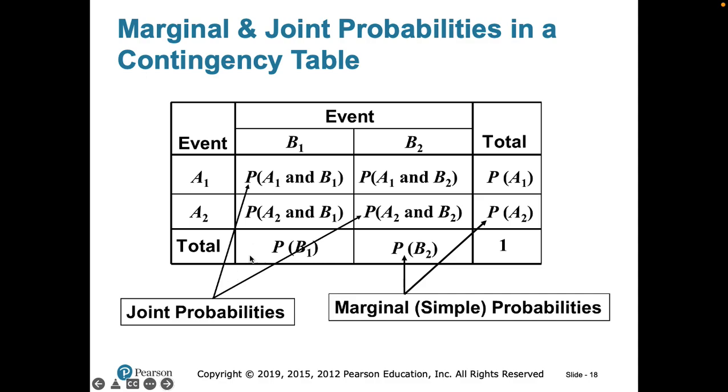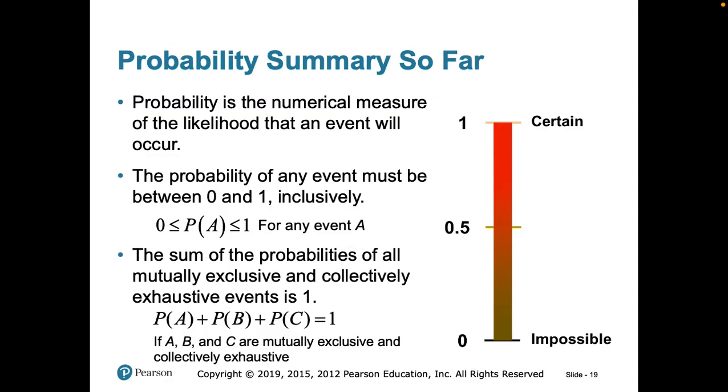You have joint probabilities here, the probability of A1 and B1, and the probability of A1 and B2, and here is going to be your total probability of A1. Finally, remember that the marginal probability of an event consists of a set of joint probabilities. So don't forget that, very important.